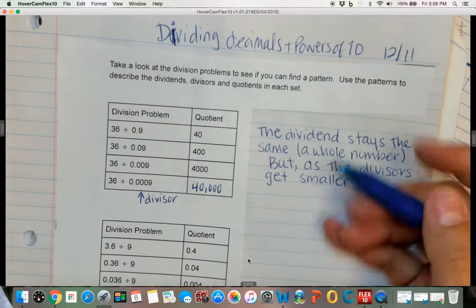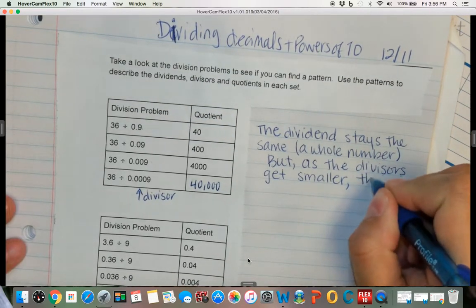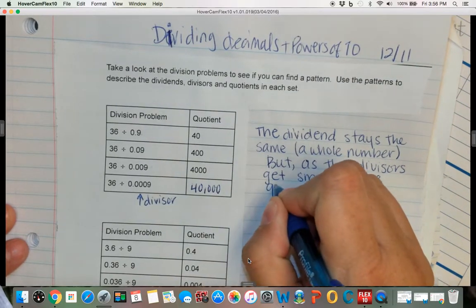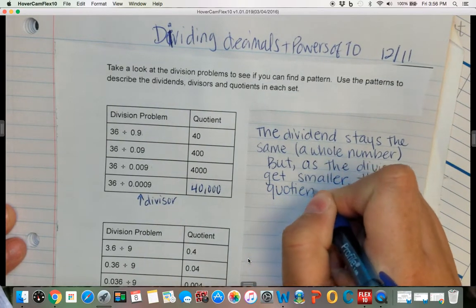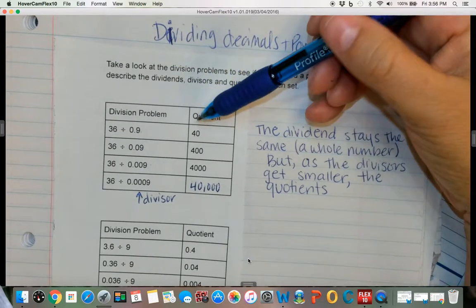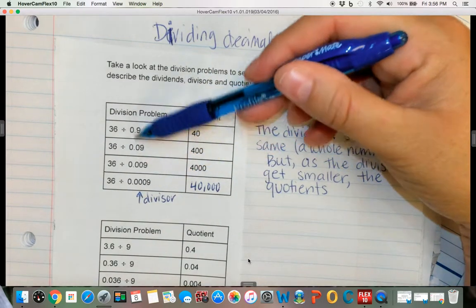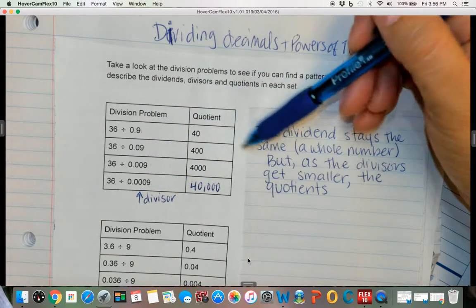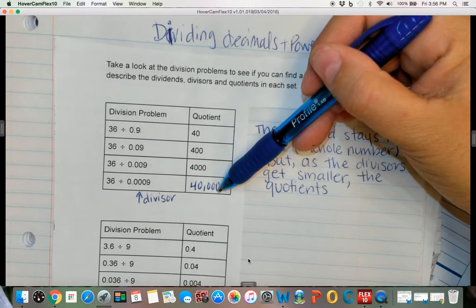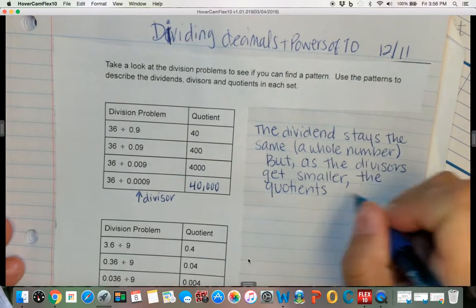As the divisors get smaller, what happens to the quotients? The divisor gets smaller, it gets further away from 1, the quotients are getting larger.